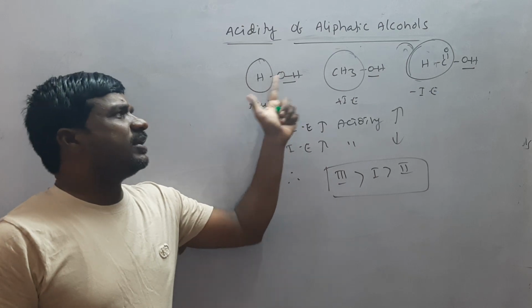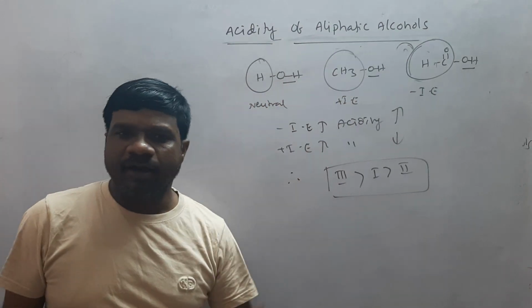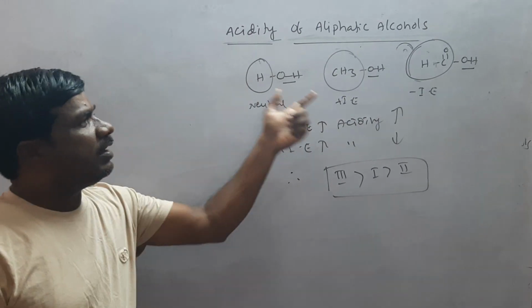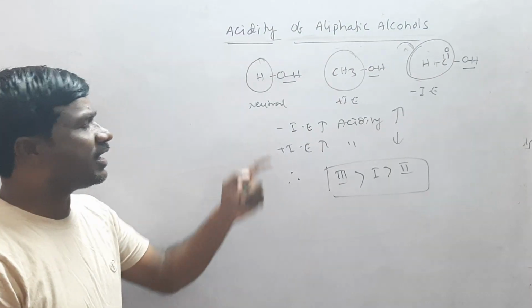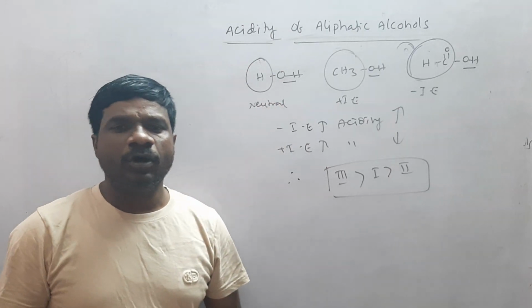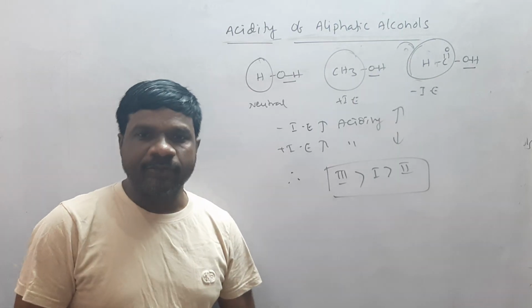Then generally for alcohols, methanol and water, the acidity we have to define by using the dielectric constant. The dielectric constant of water is maximum compared to ethanol, so it is more acidic in nature. Thank you everyone.